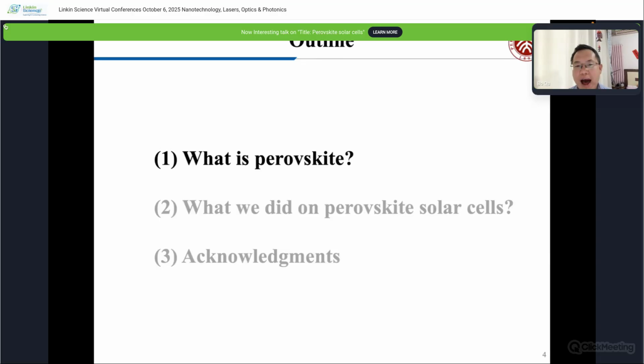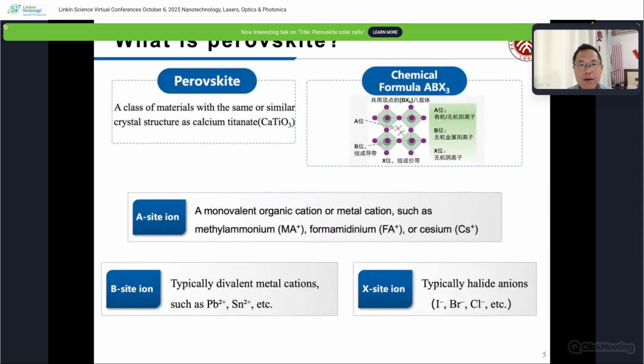Let's move to the first part. What is perovskite? Perovskite is a class of materials with the same or similar crystal structure as calcium titanate, and its chemical formula is ABX3, where the A site ion is a monovalent organic cation or metal cation, such as MA, FA, or cesium.